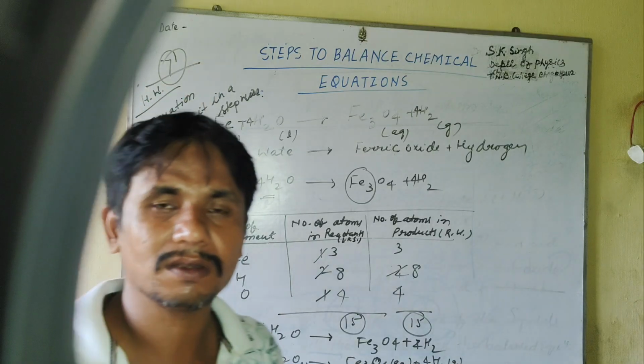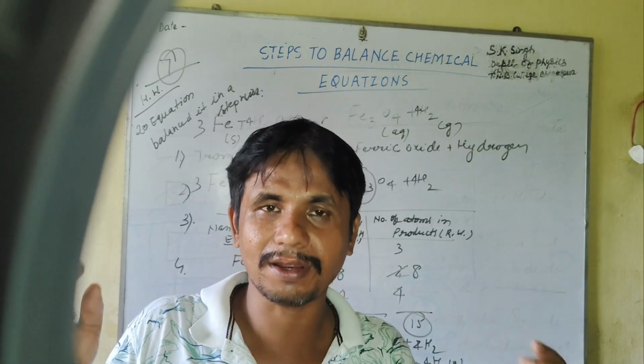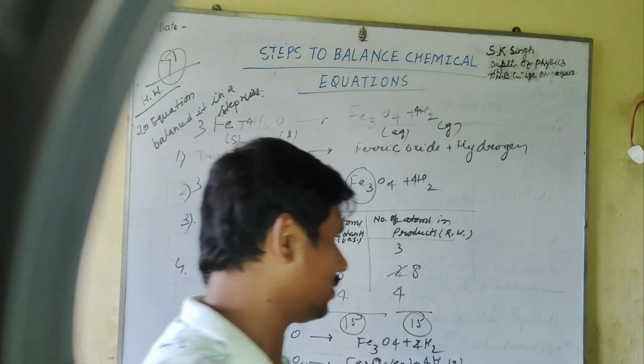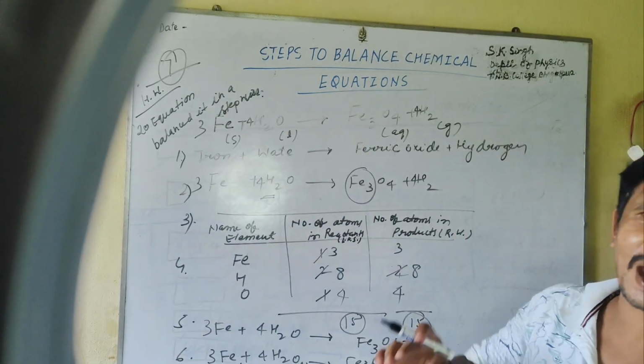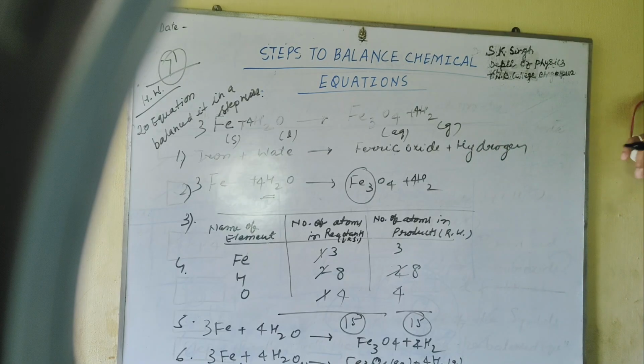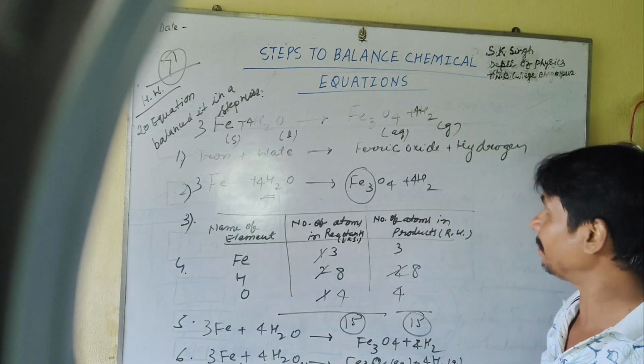My dear students, I am going to make clear the steps to balance an equation. If you practice lots of balancing of chemical equations, then you will be prepared for your examination.